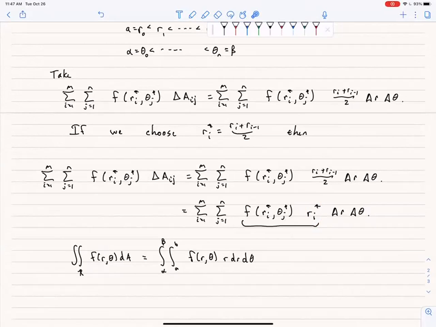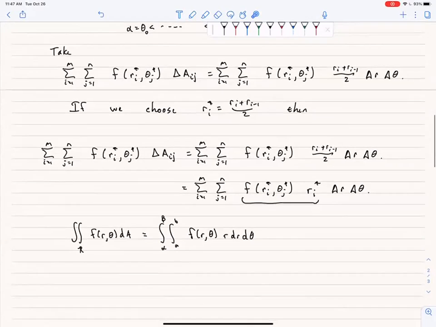So that's why, at this level, we see this r. We'll see that there's a general way you can obtain this factor of r from a change of coordinates theorem that allows for arbitrary changes of coordinates. But for polar coordinates, this is the main formula that we want to be able to use.